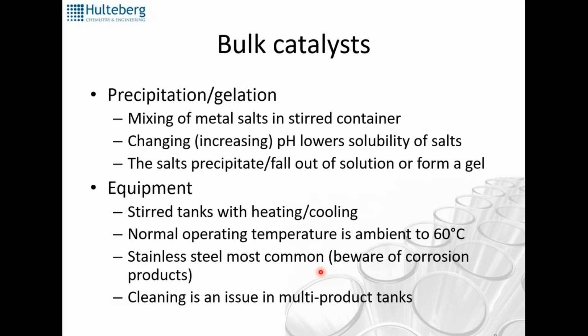Then we change the pH, and that makes the salts lower in solubility, and there is a precipitate. So we can dissolve nitrate salts, we change pH, and then we form a gel: solution, precipitate, forming a gel.